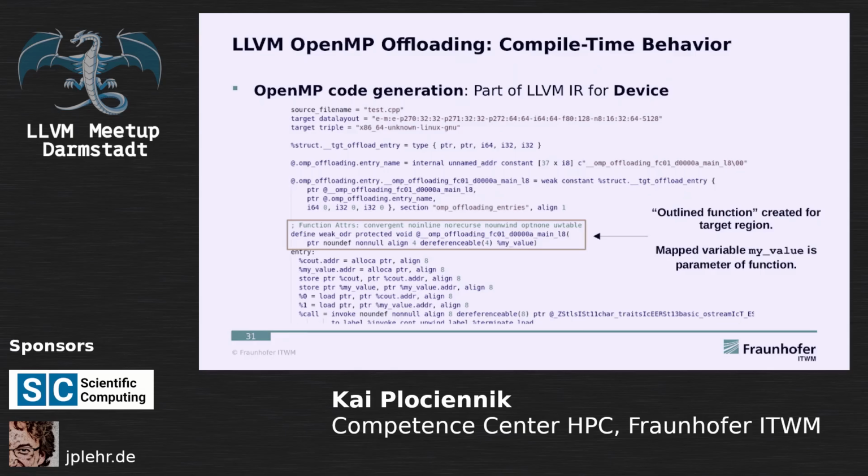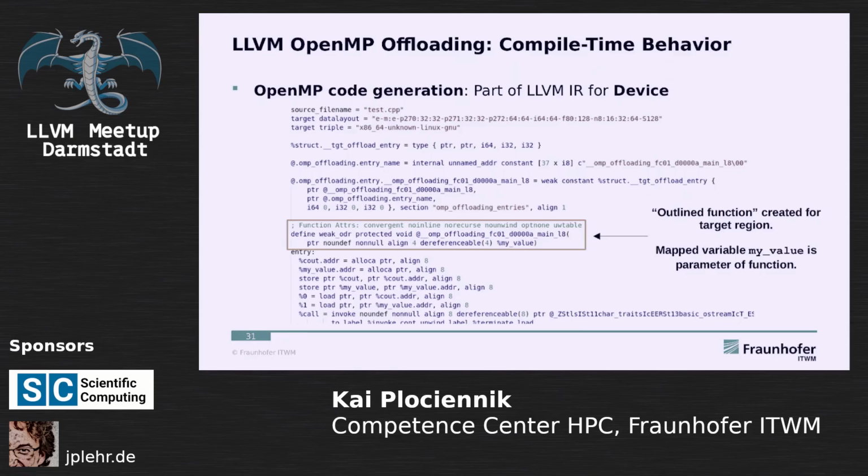That's exactly the identifier of the target region with the source code for the device. The variable myValue in source code has been turned into a parameter of this function. That's basically the concept of outlining the target region to an outlined function. That's why you can create binary code for this function by the normal LLVM mechanisms and have this binary code in the end.